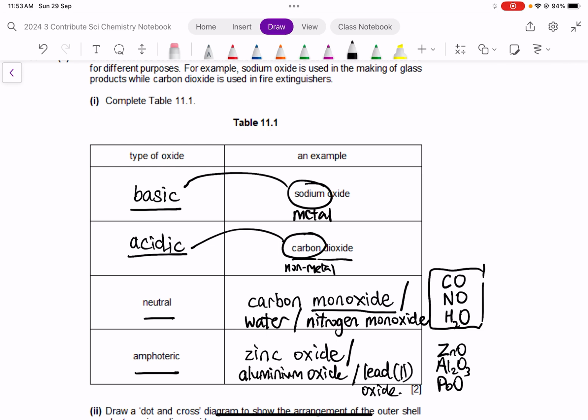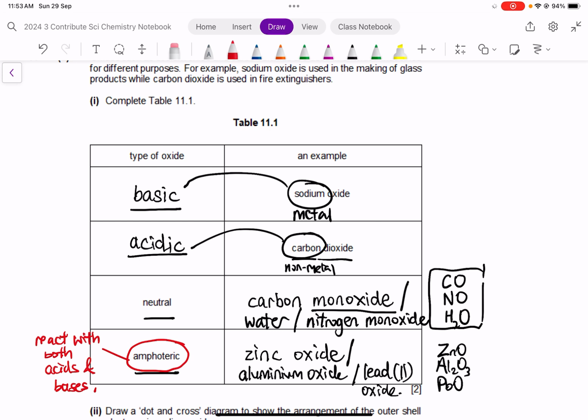And just a reminder, this word amphoteric means that the oxides can react with both acids and bases. So amphoteric oxides are able to dissolve in both HCl and NaOH, for example.